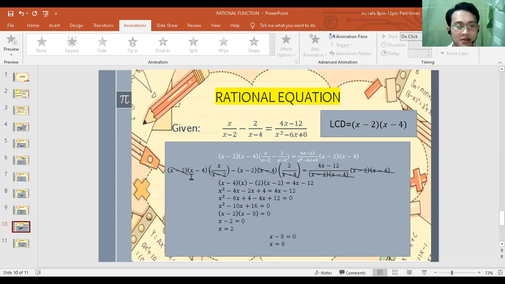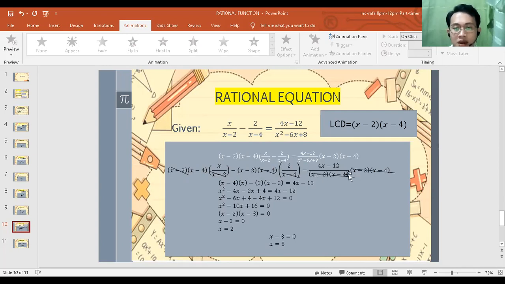The remaining expression is x minus 4 times x. The LCD times the expression 2 all over x minus 4: we cancel out x minus 4 because this is just equal to 1. The remaining value is x minus 2 times 2.